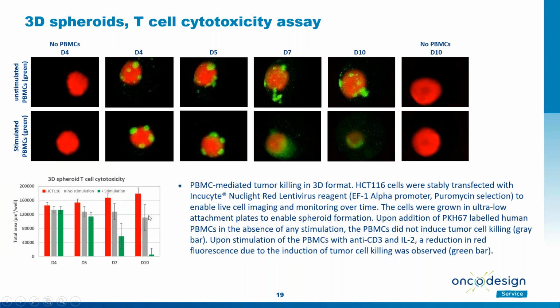In gray, that's tumor plus unstimulated immune cells, and in green, that's tumor plus activated immune cells, where we can really see that there is an efficacy of the immune cells to kill the tumor.